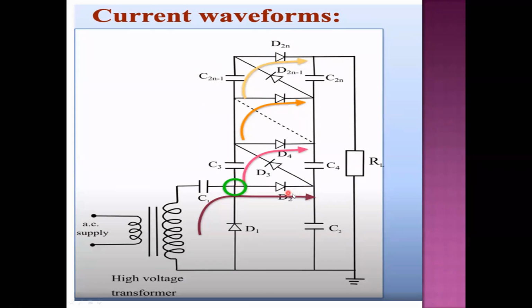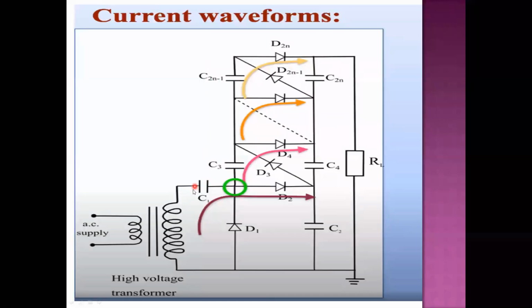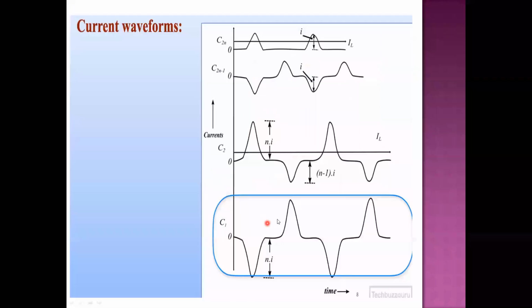If the diode is in forward bias condition, the current divides and the capacitor charges like this. Understood. So that's why, during starting condition, the current magnitude across the capacitor C1 is very high, and across the capacitor C2 it is (n minus 1) into I times. So that's why the current magnitude is at this level.